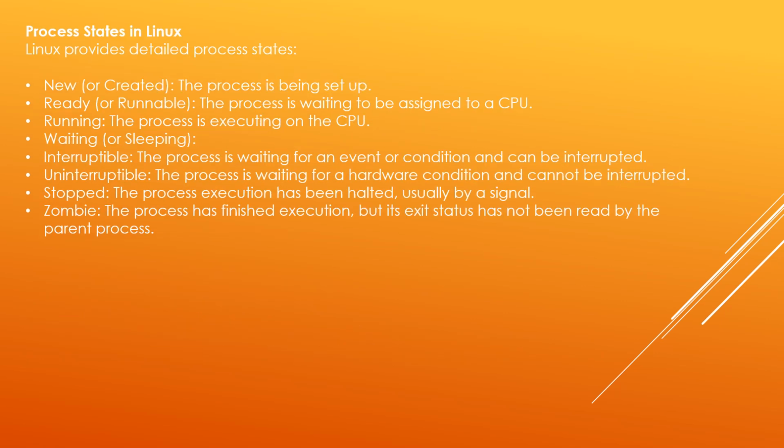Process states in Linux. Linux provides detailed process states. New: the process is being set up. Ready: the process is waiting to be assigned to a CPU. Running: the process is executed on the CPU. Interruptible: the process is waiting for an event or condition and can be interrupted. Uninterruptible: the process is waiting for a hardware condition and cannot be interrupted.